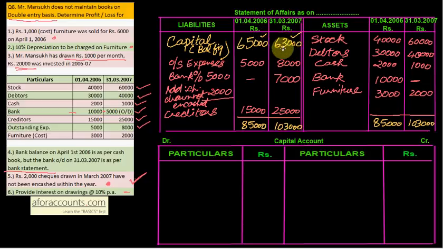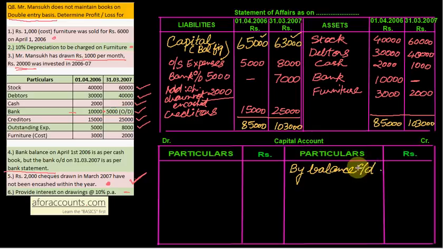Now we will make the capital account. We will make a 5 pointer capital account and in it quickly find the net profit before adjustments. So start. Put the opening capital. Capital has a credit balance, so opening capital on the credit side, by balance carried down.